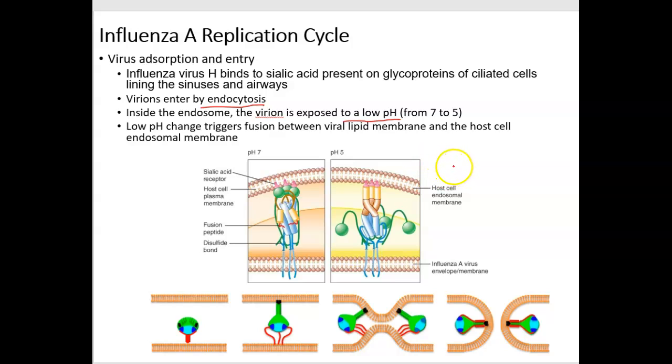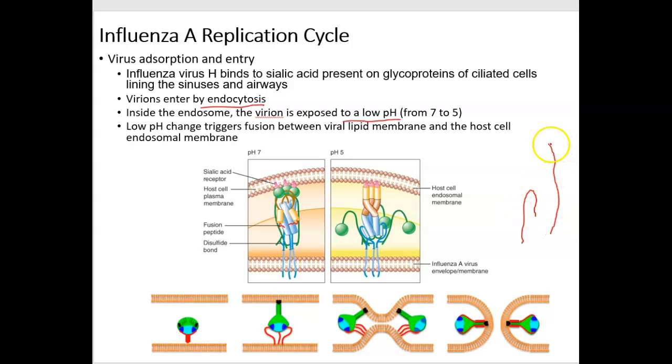Now, this is something that's really hard to show in three-dimensional space. You'll notice what's shown here in the picture. This is from your textbook. You've got the hemagglutinin protein, and it's trying to show you the hemagglutinin protein is kind of like a hairpin, and when the pH acidifies, it extends out.